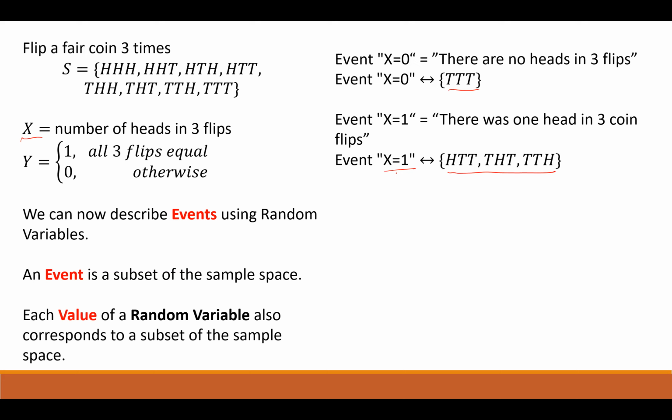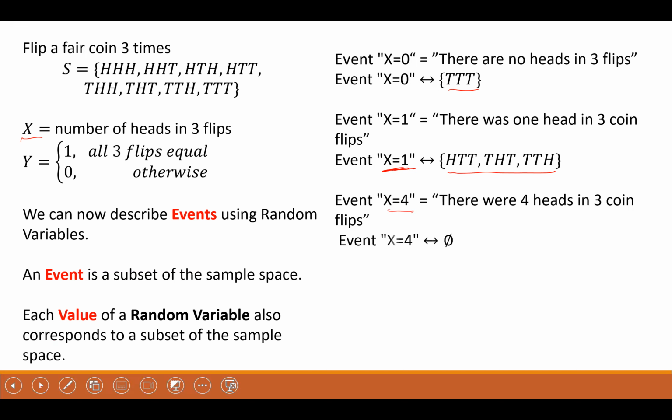Now we're taking a value and mapping those to the outcomes. Okay, but yeah, so those are all of the outcomes that give us X equal to 1. X equal to 4: there were 4 heads in 3 coin flips. That corresponds to the empty set, right? So this event could not possibly happen given this experiment.